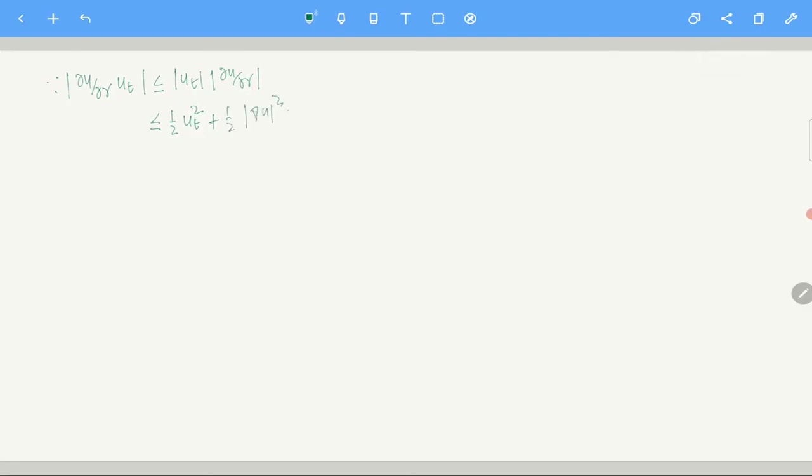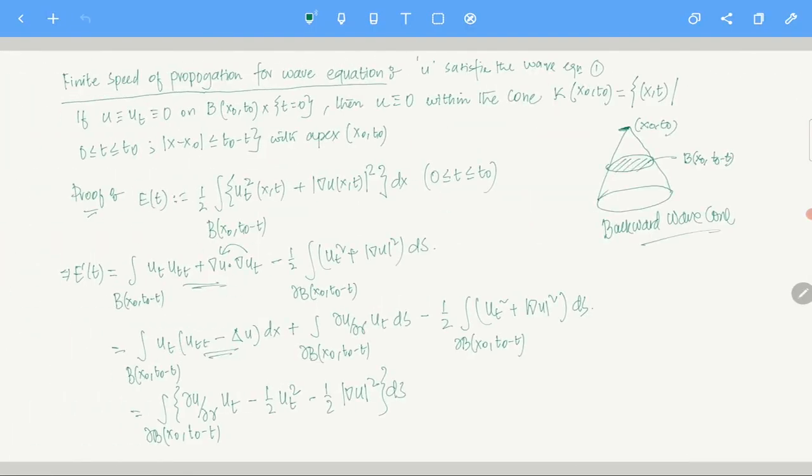That is there. Now, let's call this thing 2. If you put 2 in this particular term, E prime of t, what do you get?